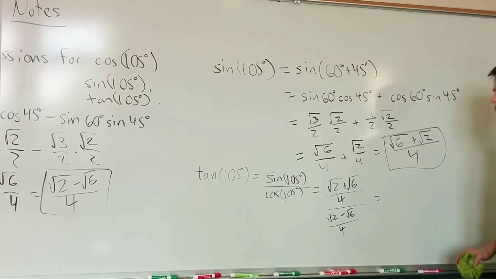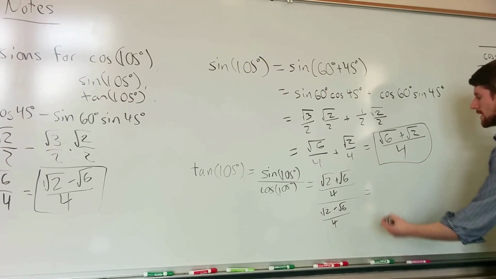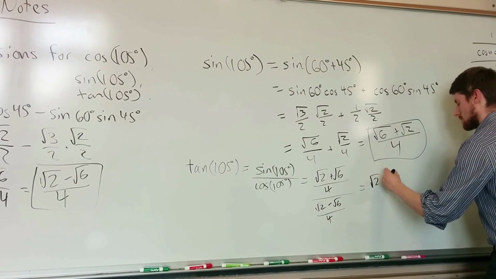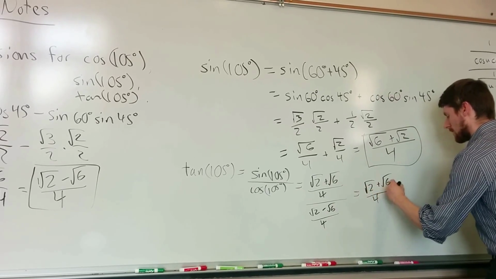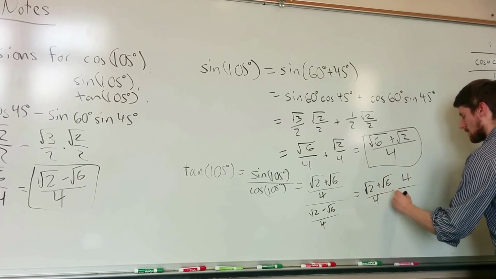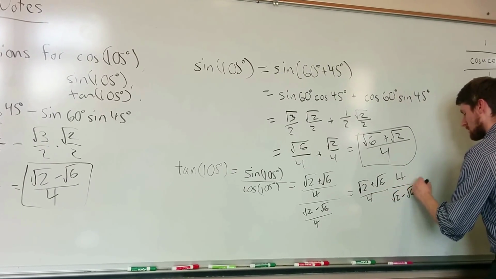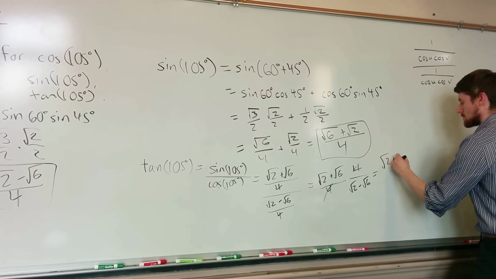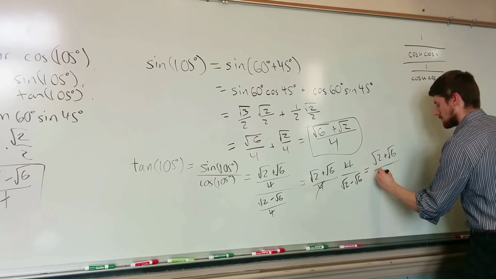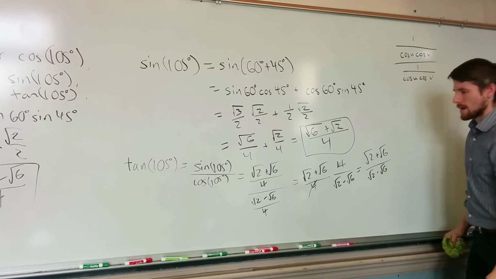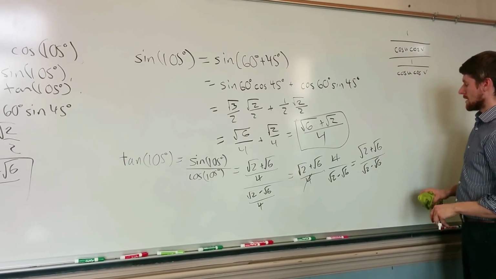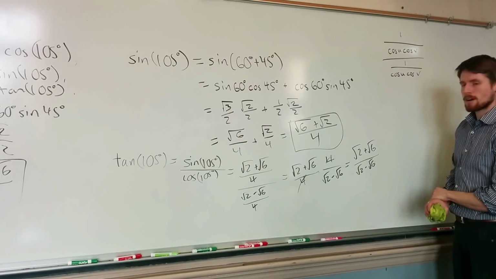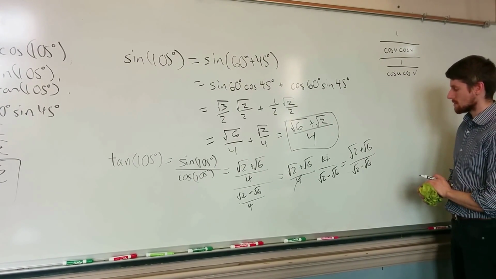Okay, so now we flip this fraction and multiply: root 2 plus root 6 over 4 times 4 over root 2 minus root 6. 4's cancel. That gives me root 2 plus root 6 over root 2 minus root 6. Now I have to rationalize this, and it's a little bit tricky to figure out what to multiply by to rationalize.